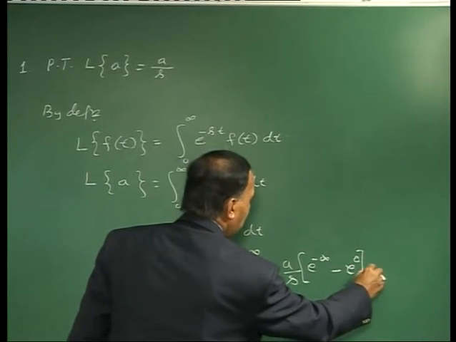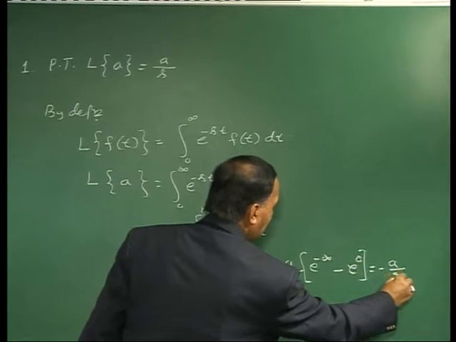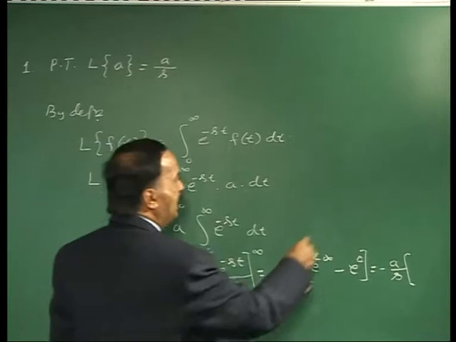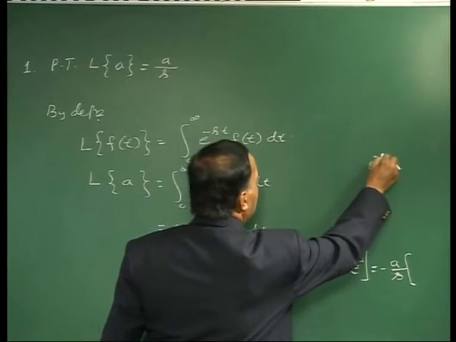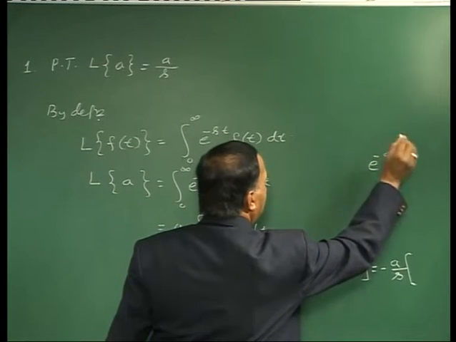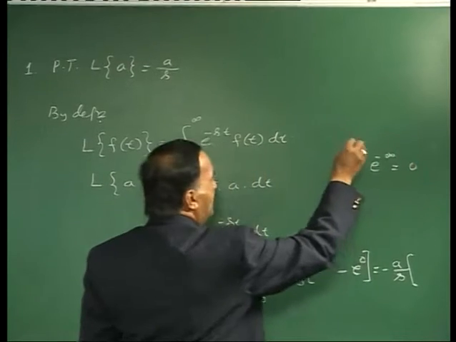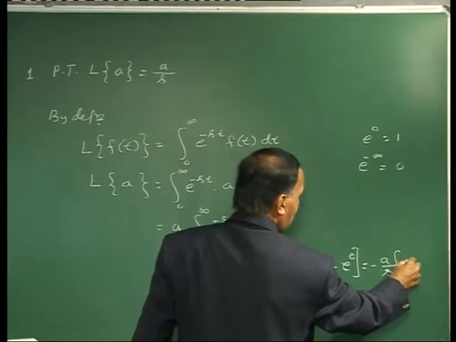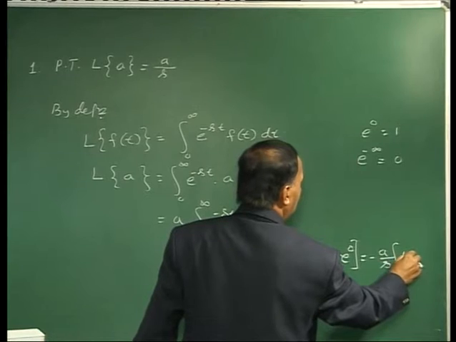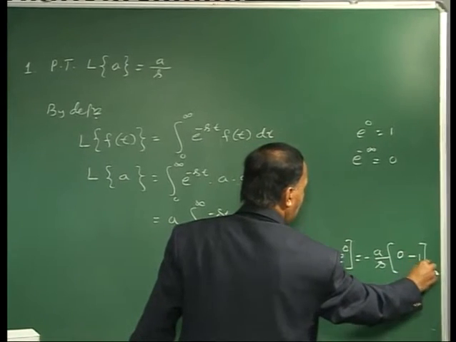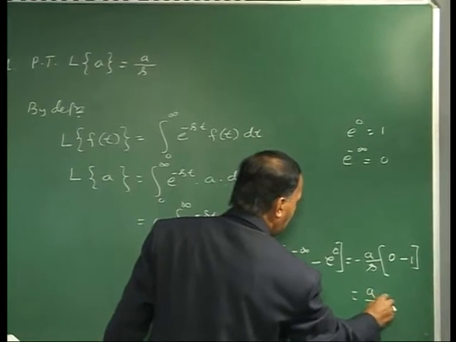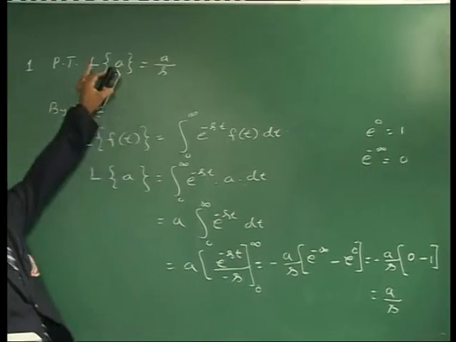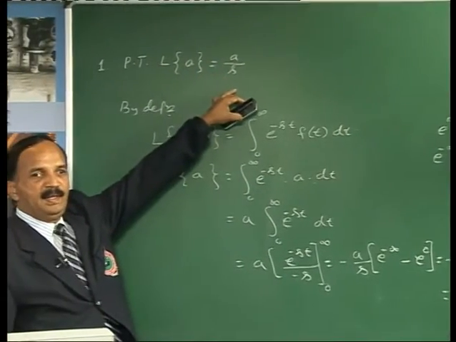That means that is equal to minus a by s into, we know e to the power of minus infinity equal to 0. e to the power of 0 is 1. That means this is here 0 minus 1, that is equal to a by s. That means L of a is equal to a by s.